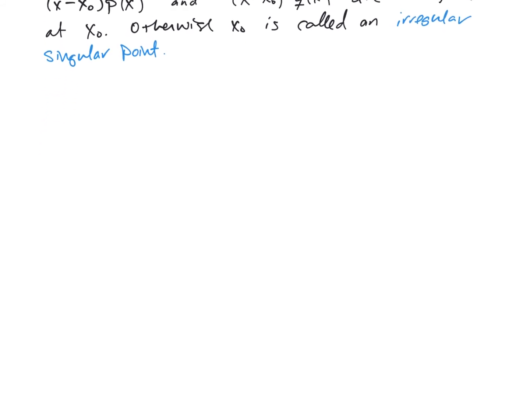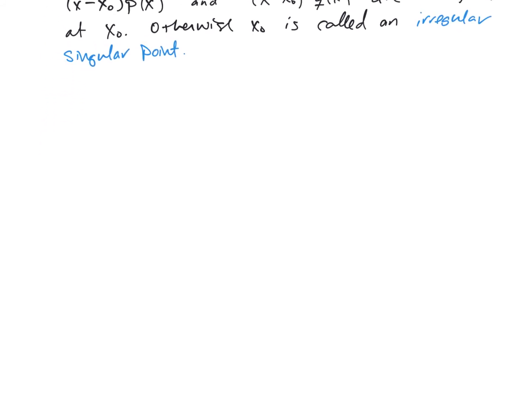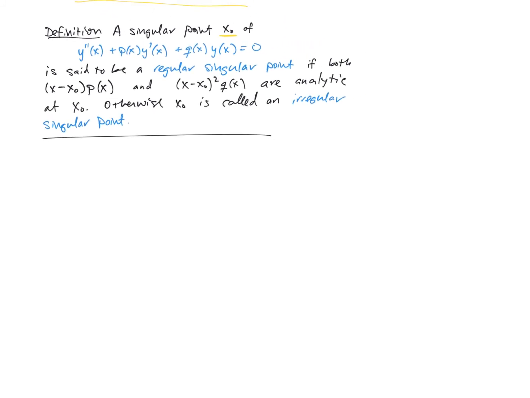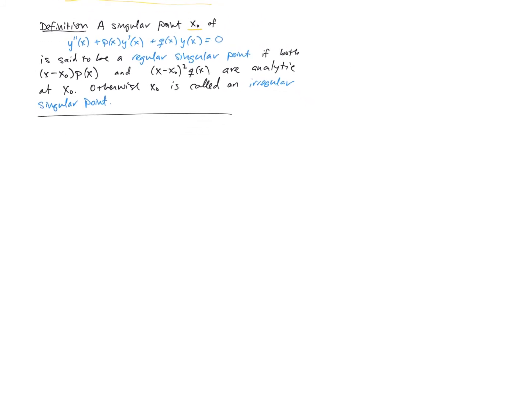Okay, so now what do we do with this? Now let's assume that we've got a regular singular point to our equation. So we've still got our equation. Let's make this small. And we'll call this equation, I don't know, star.